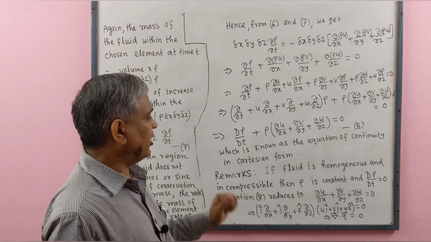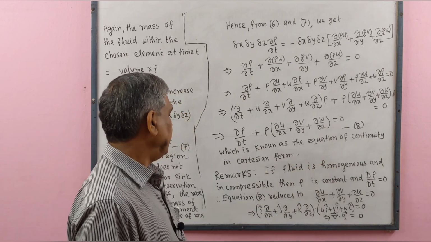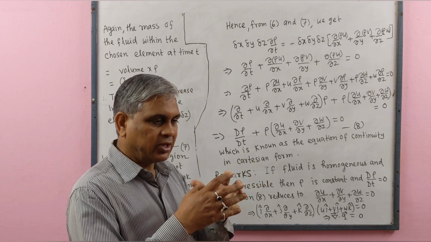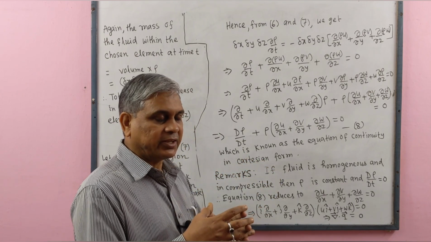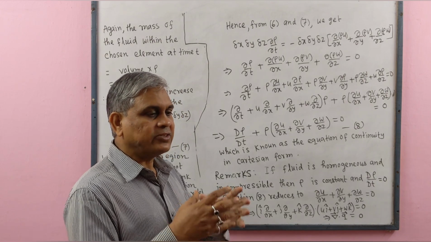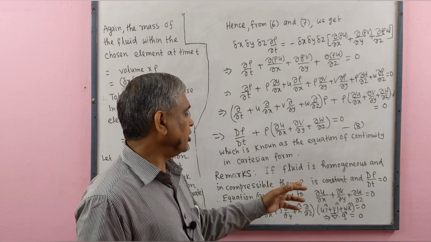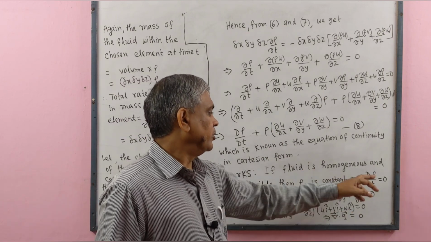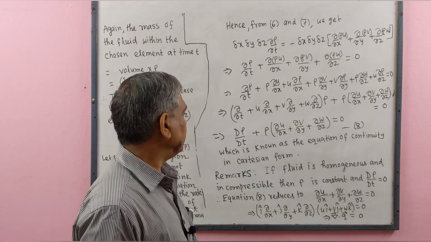Now we have some remarks. If the fluid is homogeneous and incompressible, incompressible means it is not compressed, that means the density remains the same everywhere, that is, density rho is constant. Therefore d rho by dt is equal to 0.